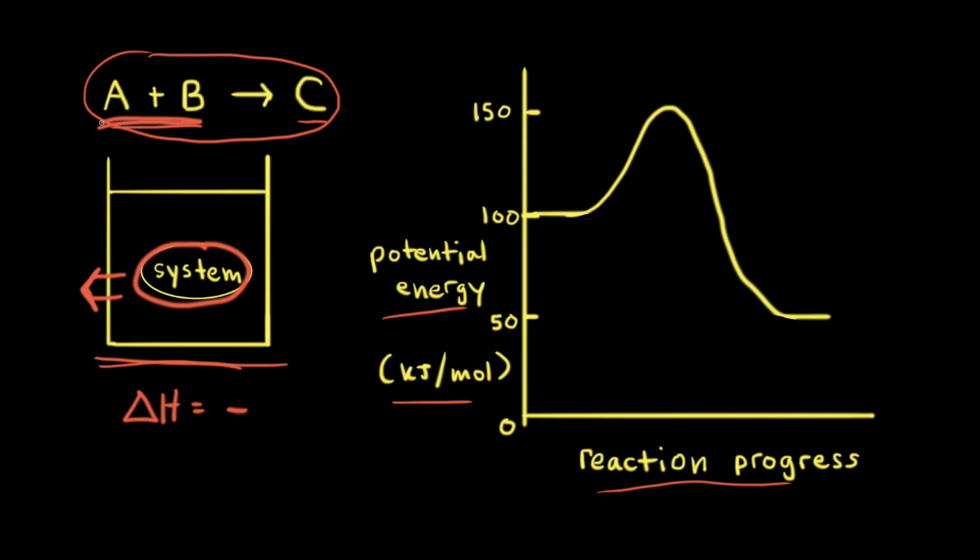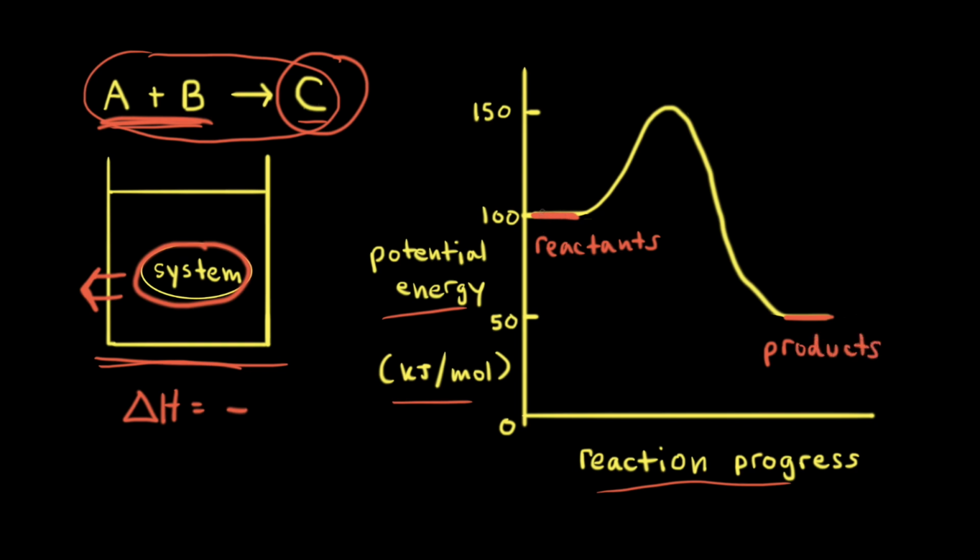Our reactants, which are A and B, have a certain amount of potential energy, so that's right here on our energy profile. So that part represents the energy of our reactants. Our reactants react together to form our product, which is C, and that's at the very end. So over here, this line represents the potential energy of our products.